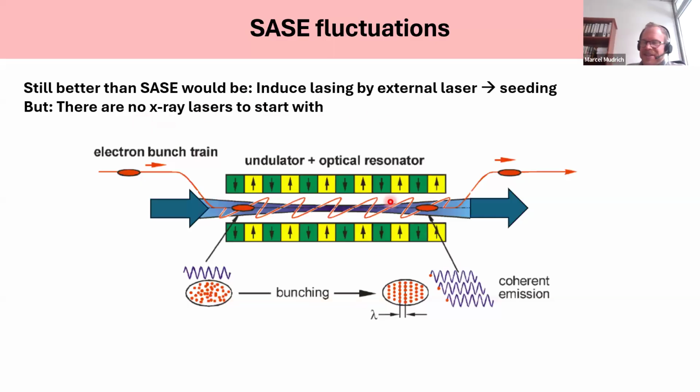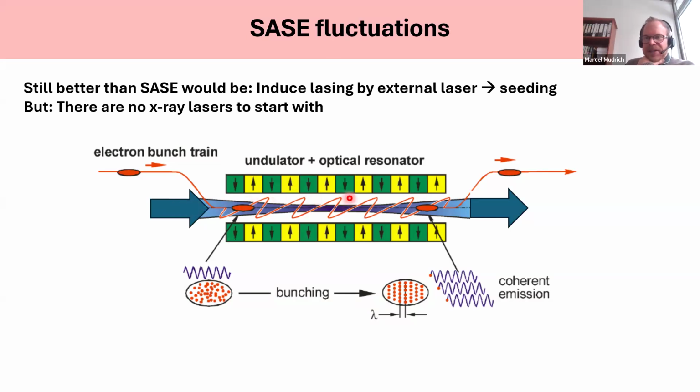Nowadays there are these high harmonic sources that just about reach the X-ray range. So there are actually also some activities going on trying to do exactly this, to seed. This process, by the way, is called seeding. So we would seed the lasing process in the undulator by an external well-controlled laser pulse. And there are activities trying to do this with an HHG, high harmonic pulse.